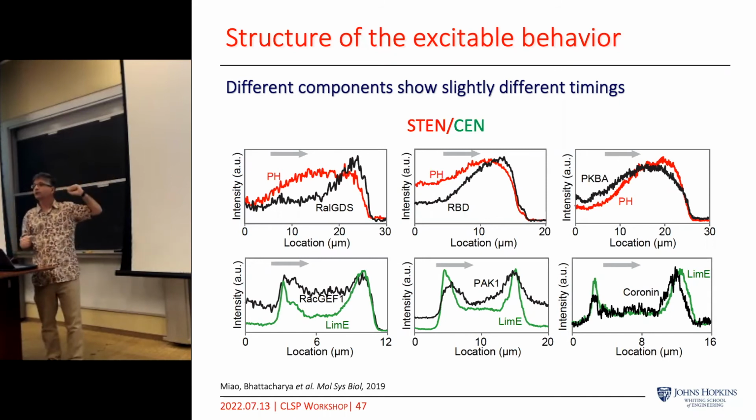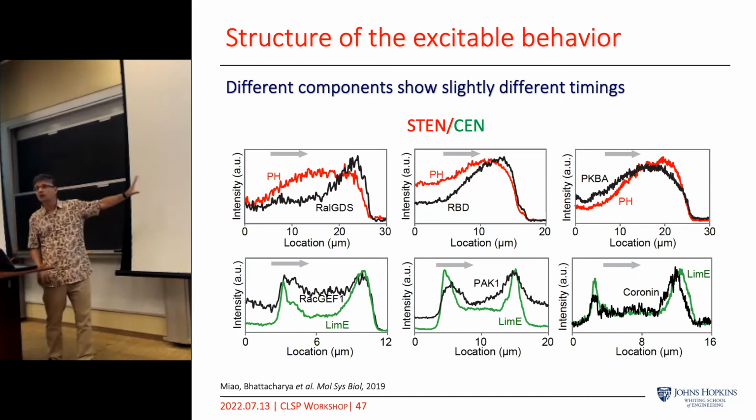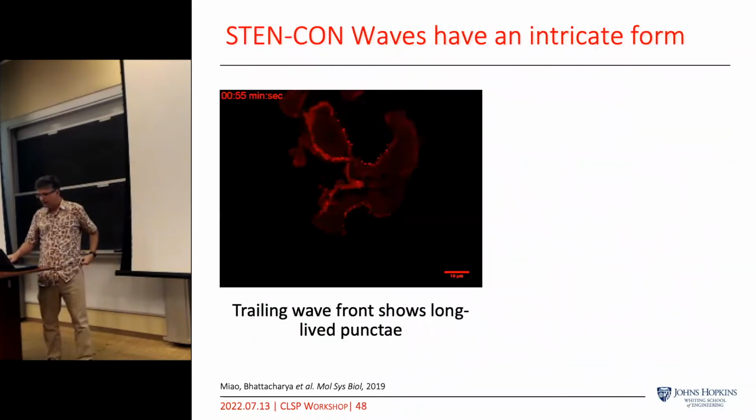And CEN stands for Cytoskeleton Excitable Network, which is basically the actin polymerization. The actin shows this double peak, whereas STEN shows a single peak. We know that there exist two excitable networks because we can, through drugs, get rid of one or the other, and we still have the oscillation in there.